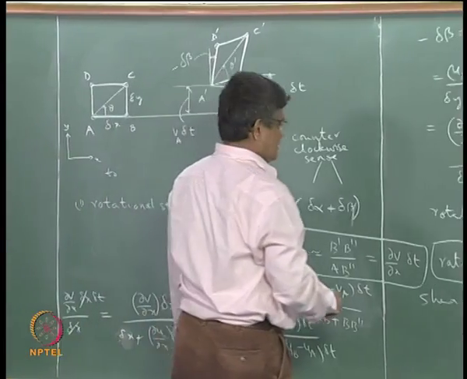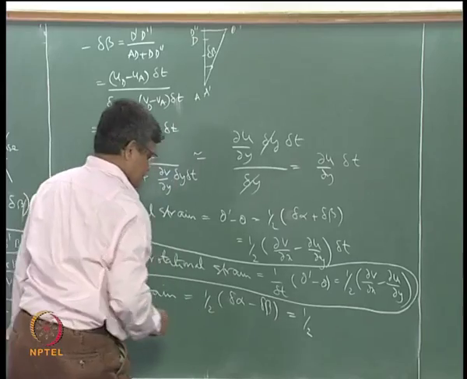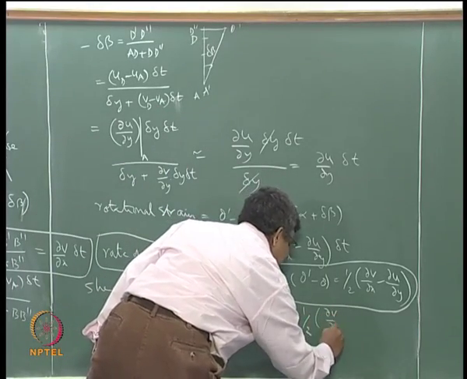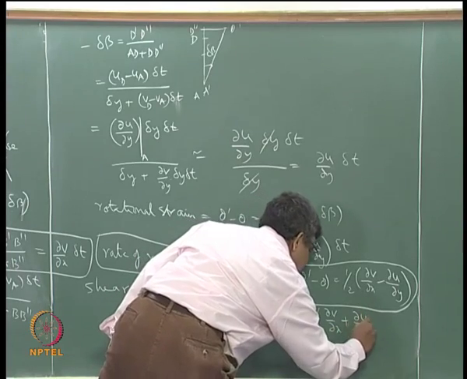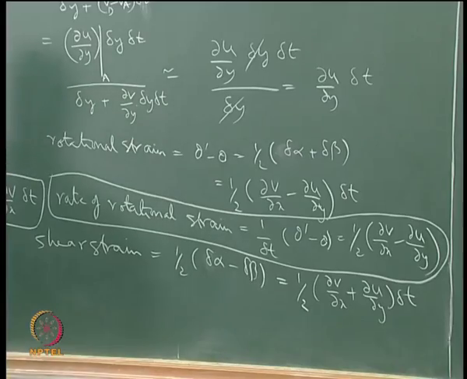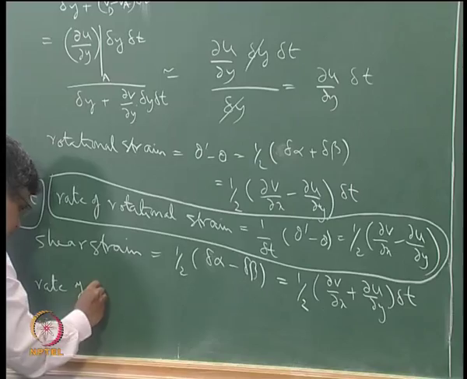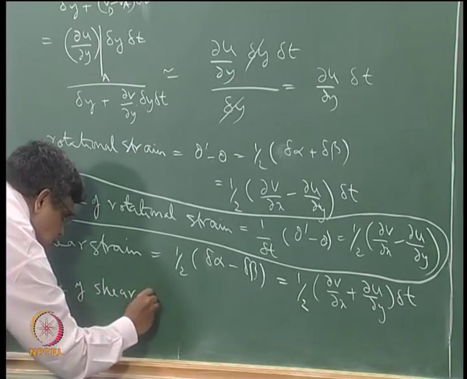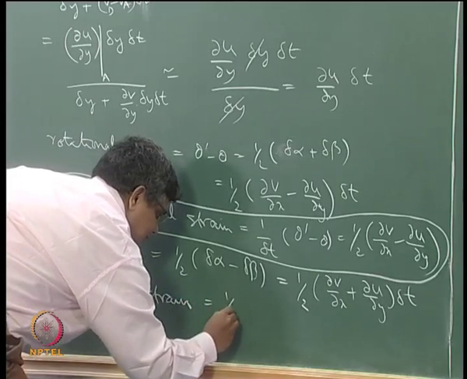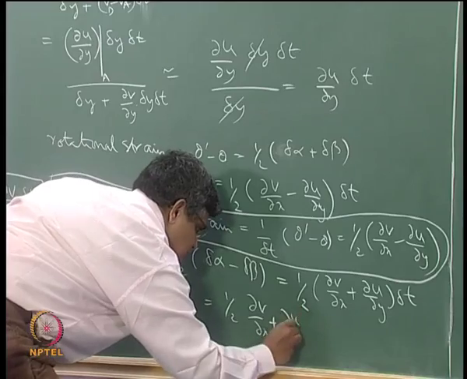So, we already have evaluated each term here, and this is equal to half of dv by dx plus du by dy times delta t. Therefore, the rate of shear strain is half of dou v by dou x plus dou u by dou y.